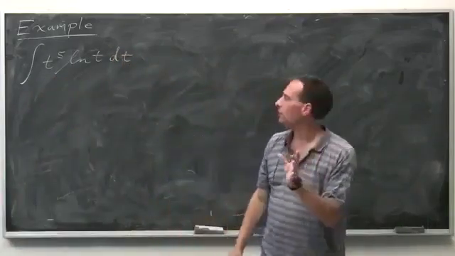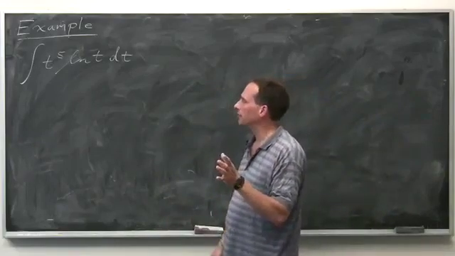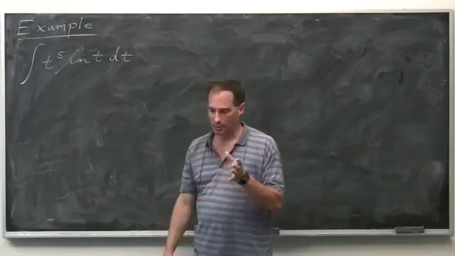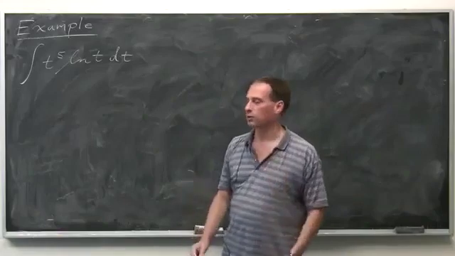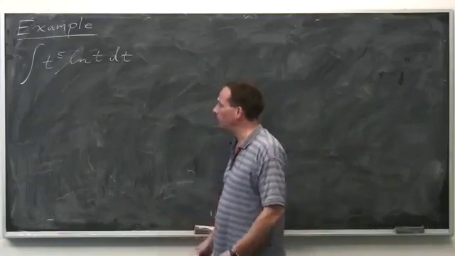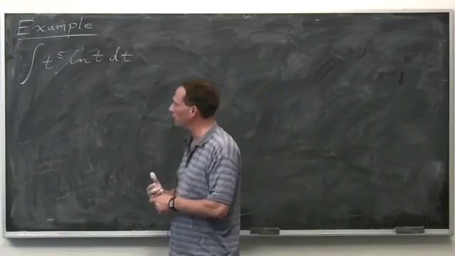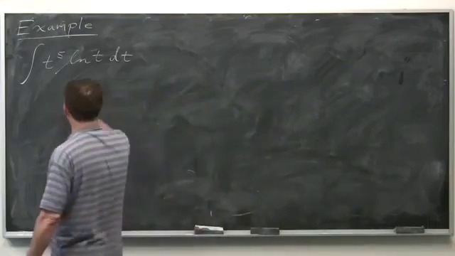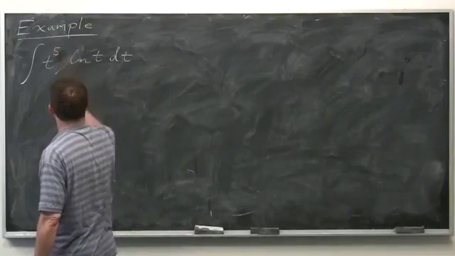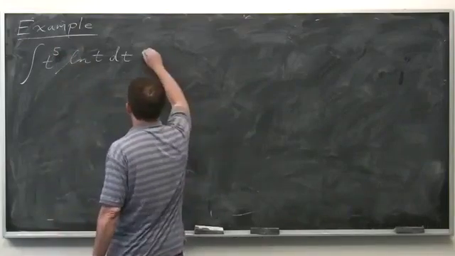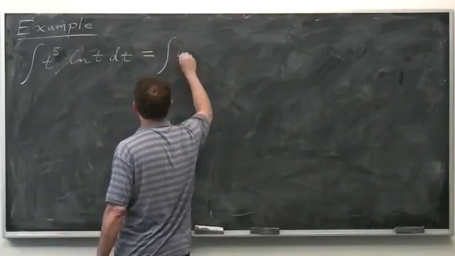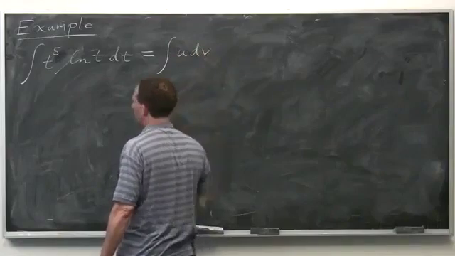You see the product of 2 very different looking functions of t, and so you might suspect it's related to the product rule, so integration by parts. You could try a substitution. I don't know what you would pick for u. Nothing would really work. So let's do this by parts, which means we want to write this as the integral of u dv.